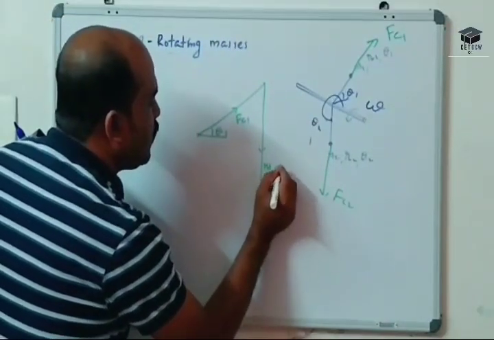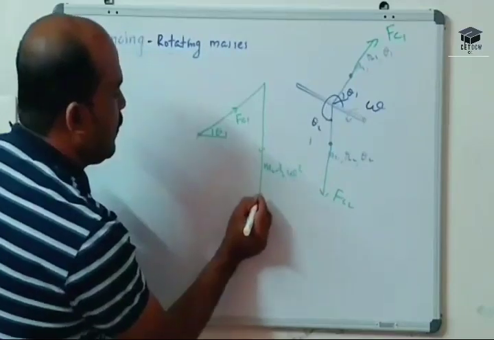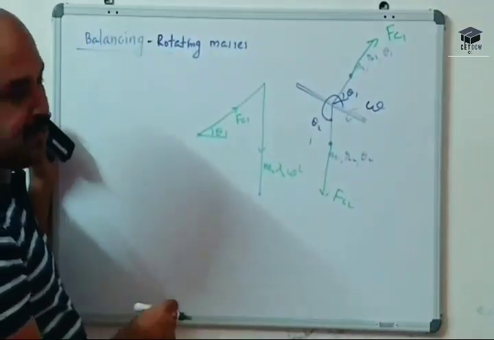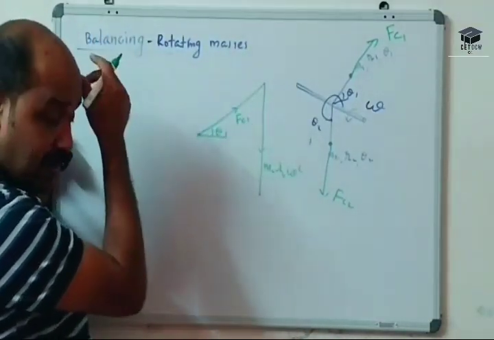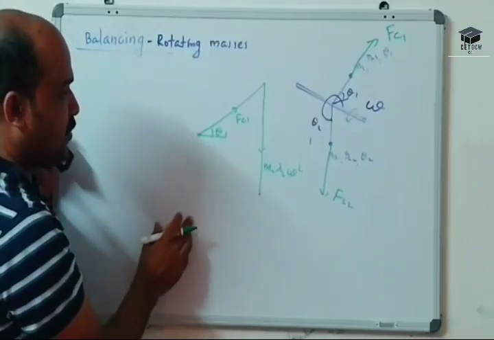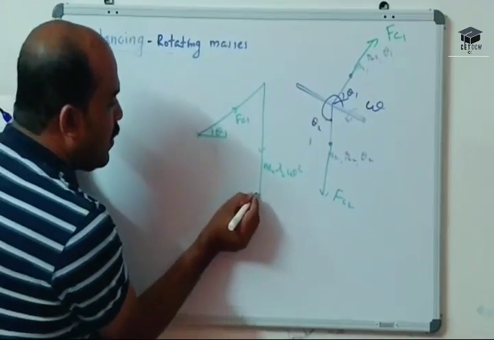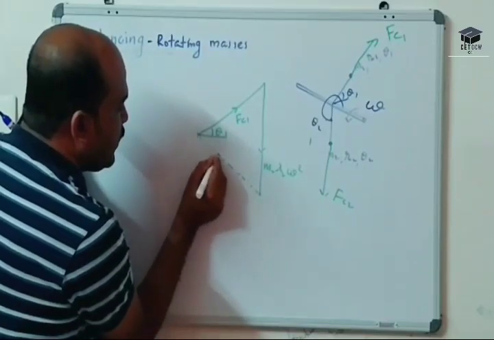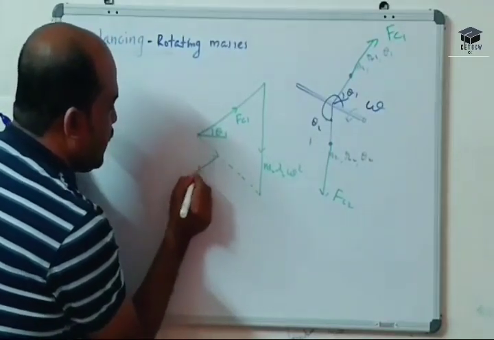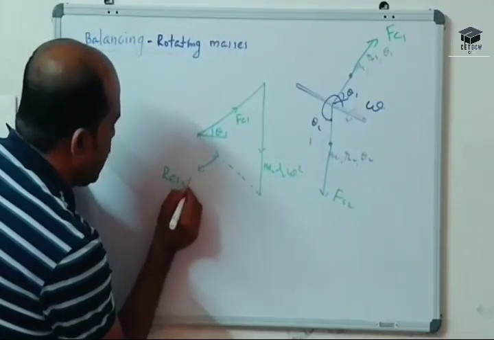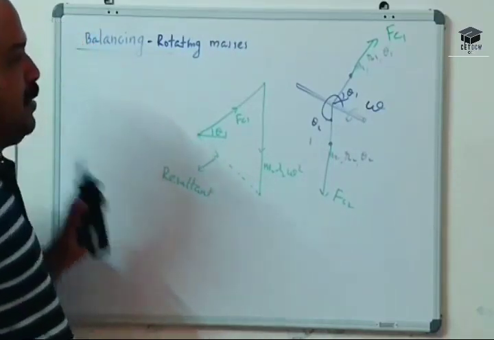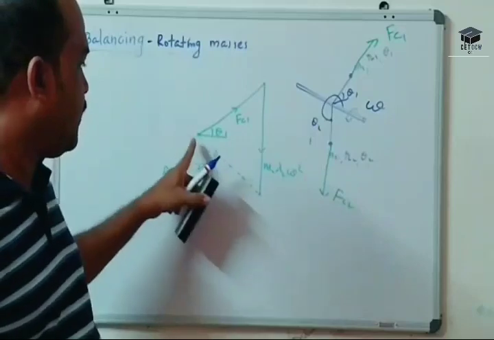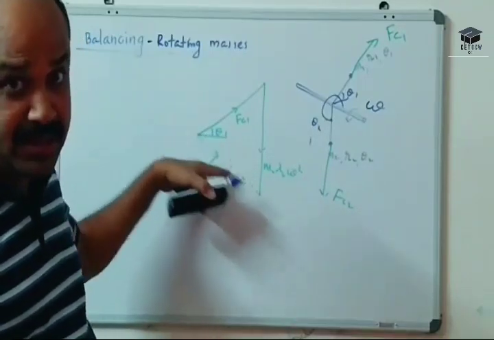This is m2 r2 omega square. Now you can see that these two vectors are not balanced. So this is the resultant force. So the shaft will experience a resultant force of this magnitude and along this direction.